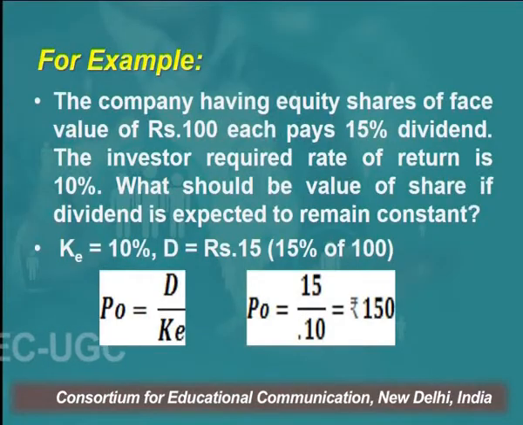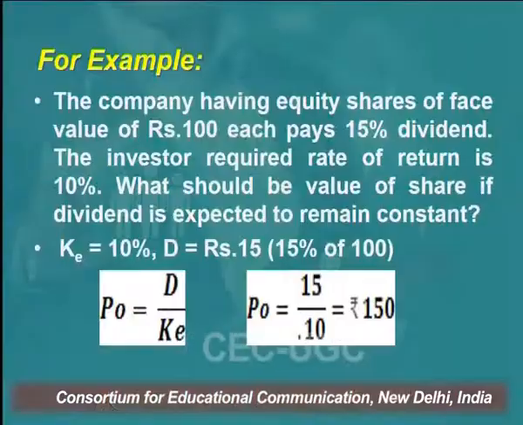For an infinite period of time, I am assuming that the company will keep on giving a dividend of 15 rupees, right? And the investor's required rate of return is 10%. If an investor receives 10% return on the investment, the investor is a satisfied person. Means if on the investment the investor gets 10%, it is good enough. That is, the required rate of return is 10% for the investor.